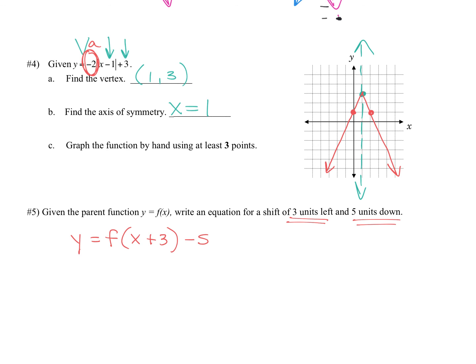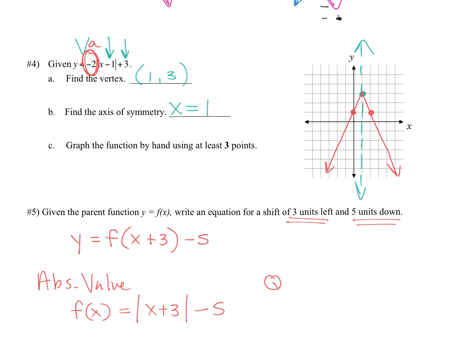That's for the more linear setup. If it was absolute value, you would say f of x equals the absolute value of x plus 3 minus 5, right?